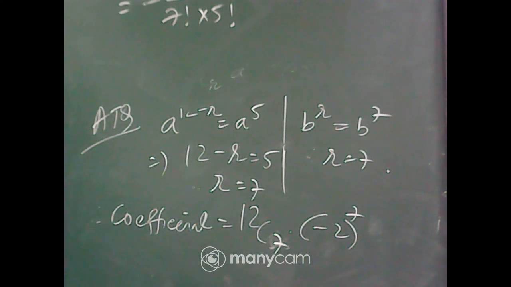So minus 12 factorial by 7 factorial into 5 factorial into 2 to the power 7. Just do the calculation. I am waiting for your answer.